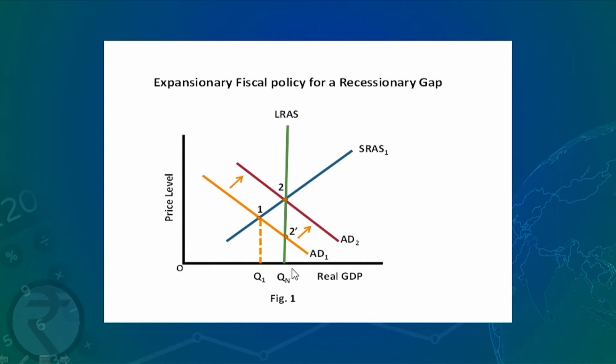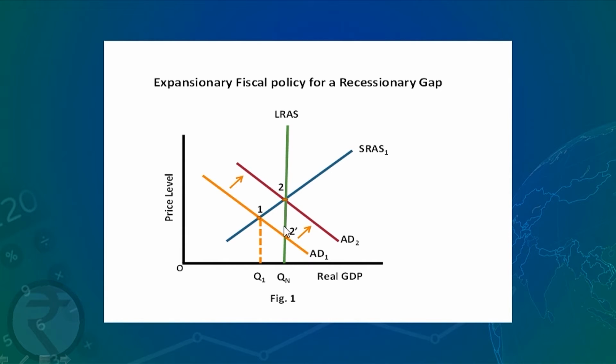Natural real GDP is OQN, which is the optimum output, which is also the point of full employment. But here the output is less than the output at the full employment level of income. So, to overcome this recession, aggregate demand is to be increased.